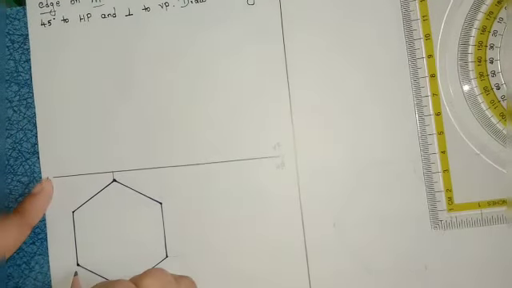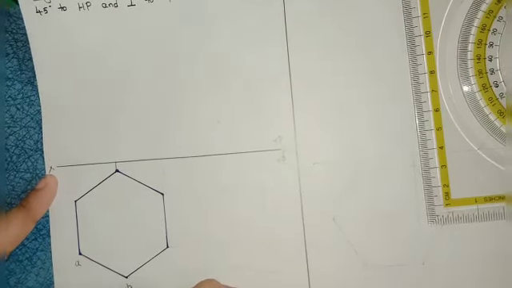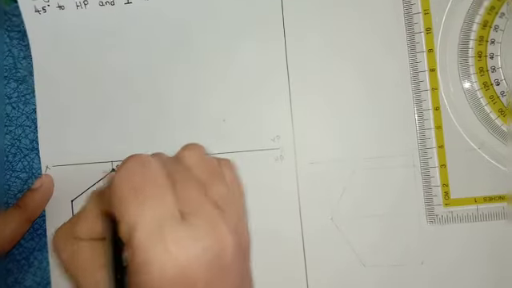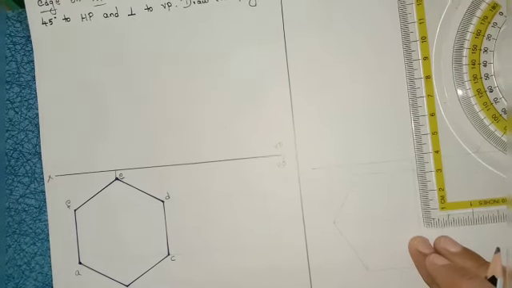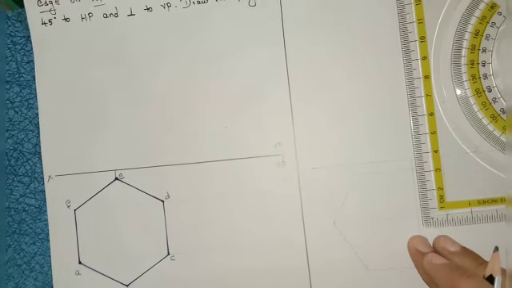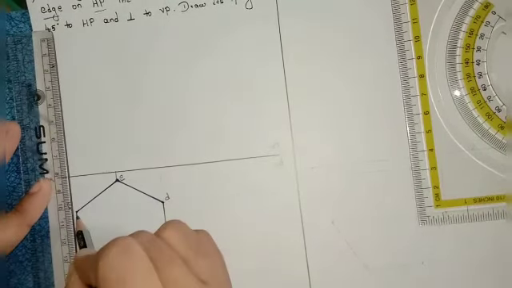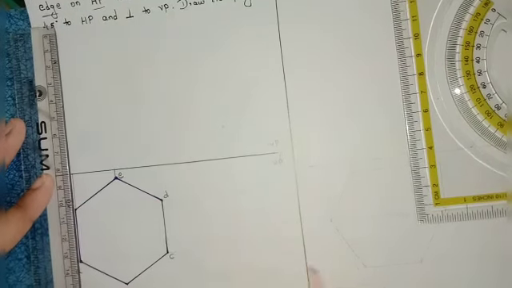After that, start writing the names from here: A, B, C, D, E and here F. Now what I am doing, I am projecting all the corners till the reference line. From F, I will draw a straight line and project till this point.